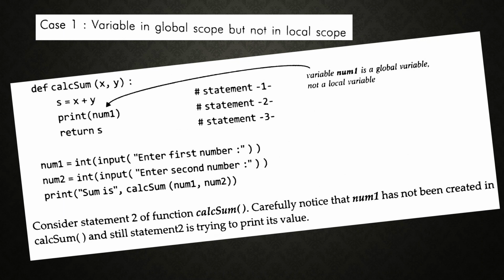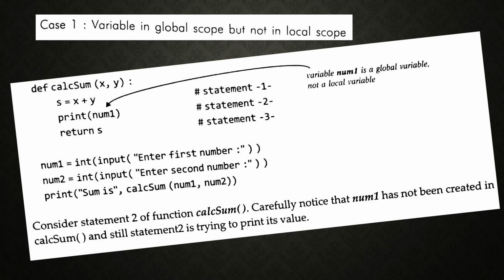In the function calculate_sum(x, y), s equal to x plus y, and print num1, so it will display the value of num1. Here, in statement 2 of function calculate_sum, num1 has not been created in calculate_sum, and still statement 2 is trying to print its value.